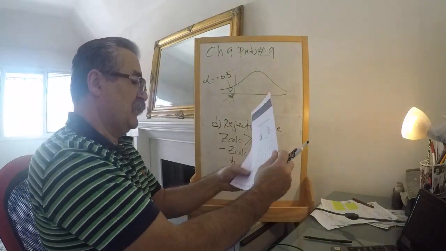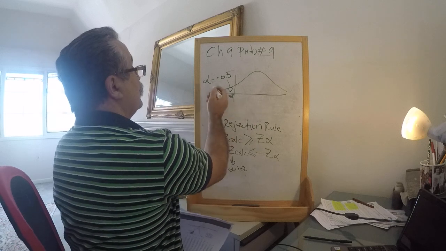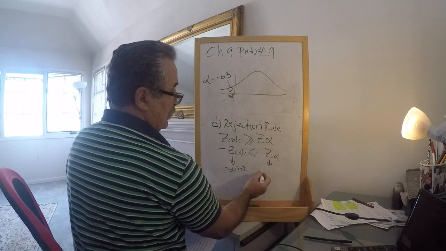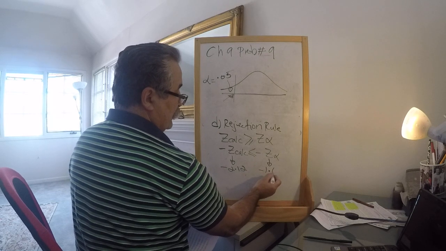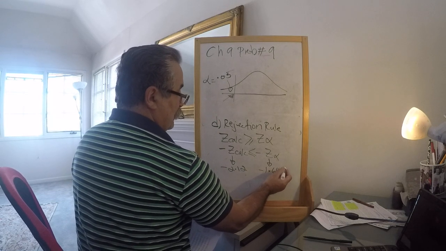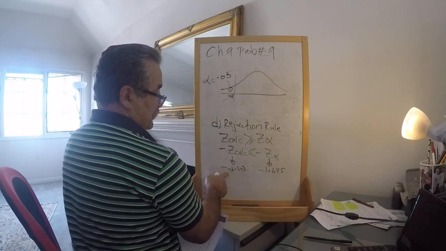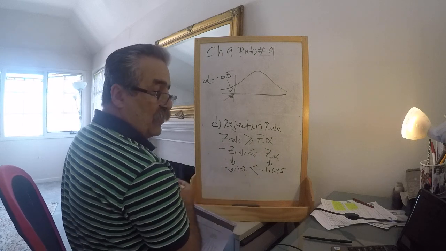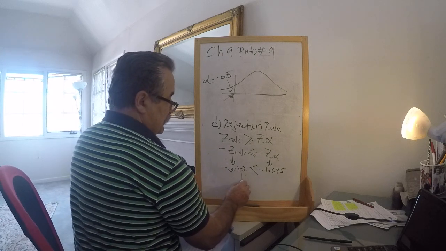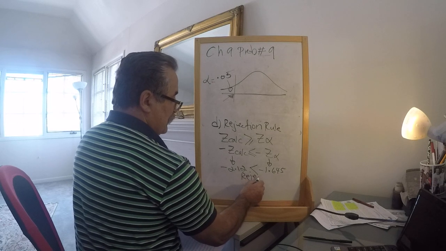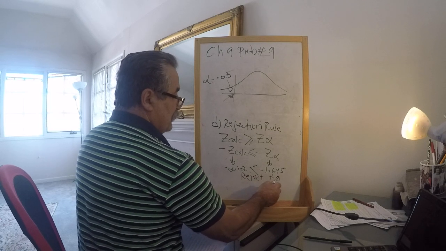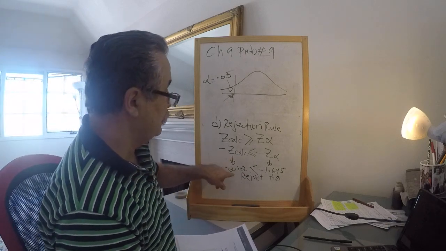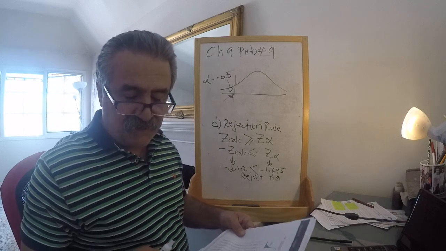So we approximate between the two. The z of the negative alpha is going to be negative 1.645. Because this is smaller than this, then we reject H0, because our z value calculated is less than the z of the given alpha.